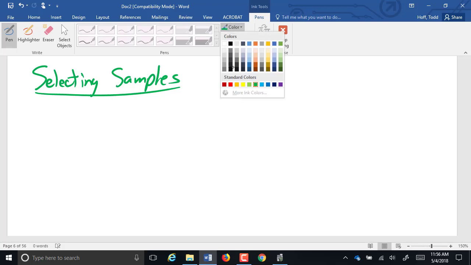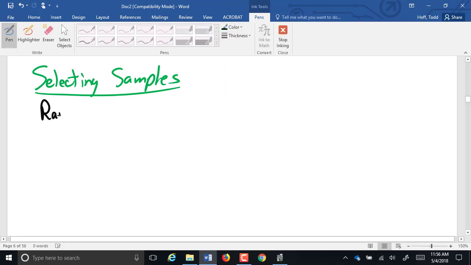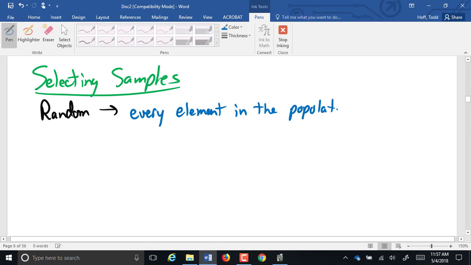So the big word we threw out there was random. Random means every element, an element is a person or an item or whatever in the population, has an equal chance of being selected.